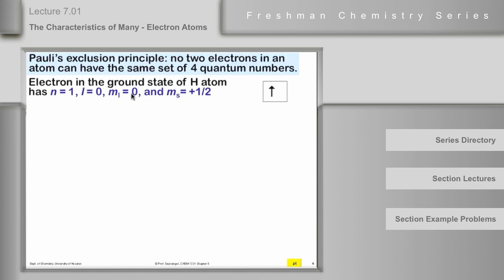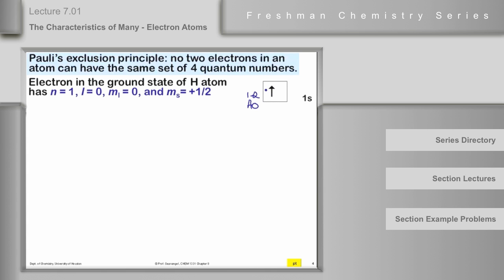Not might, it has to have that because that's the ground state. That represents this box. What is this box called? This box is called the 1s atomic orbital. The electron in it, if m sub s is equal to plus 1/2, is designated by an arrow with a spin going upwards.